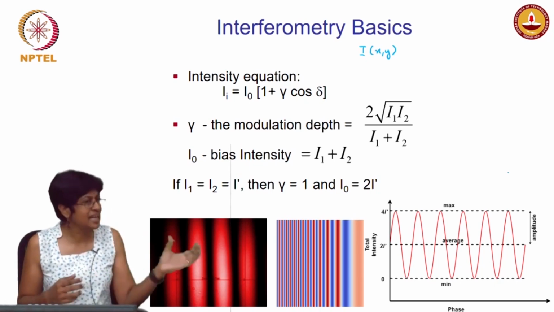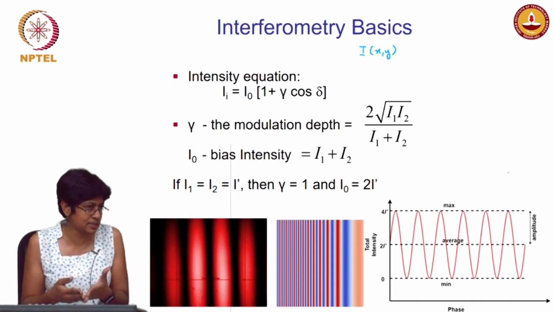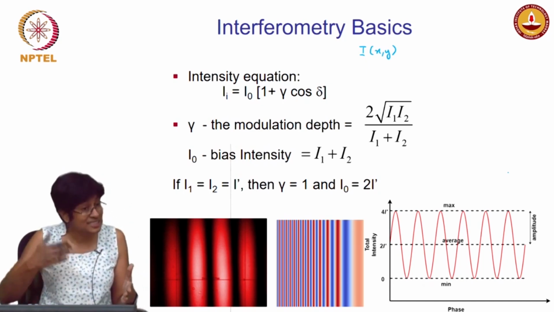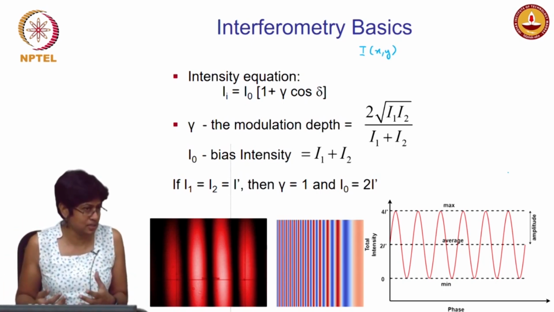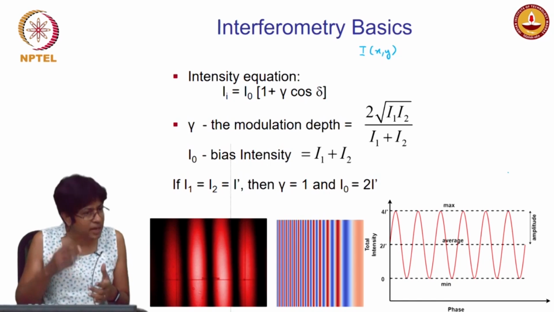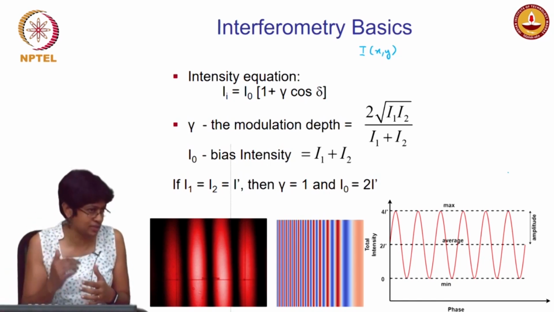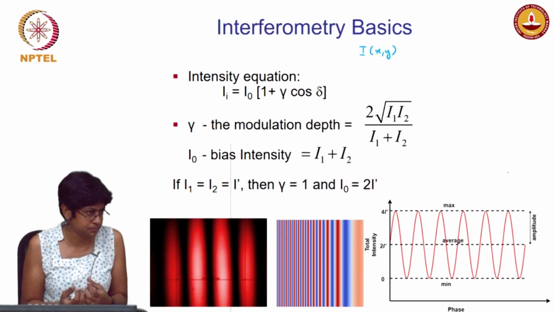So I am putting in an extra beam there just so that I can have that interference happen. One beam is the reference, the second beam is the beam that carries the information I am interested in. That beam is either travelling through a sample or getting reflected off a sample. That is the way by which I get that information off the sample.